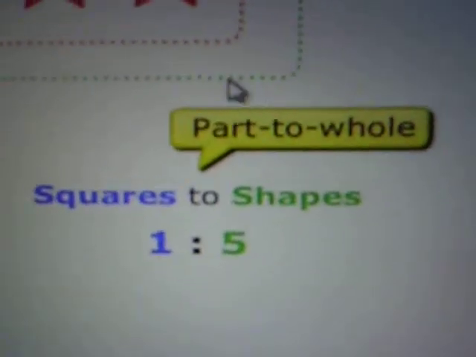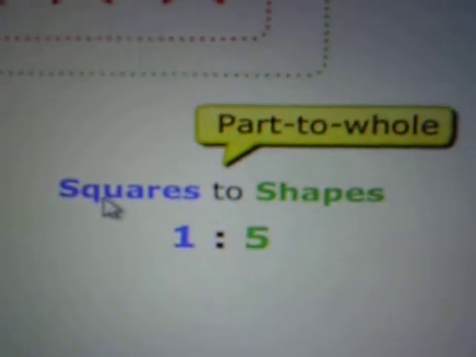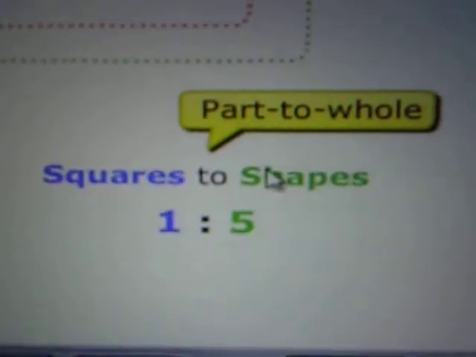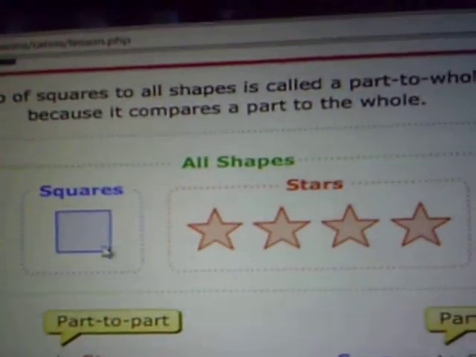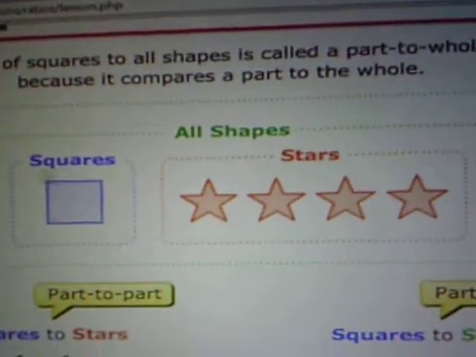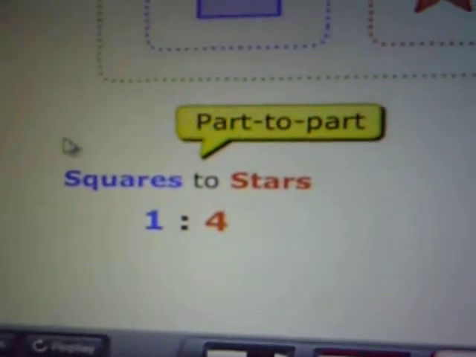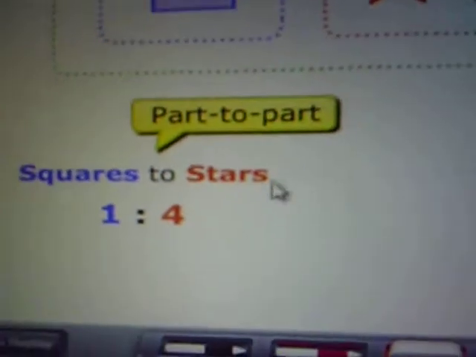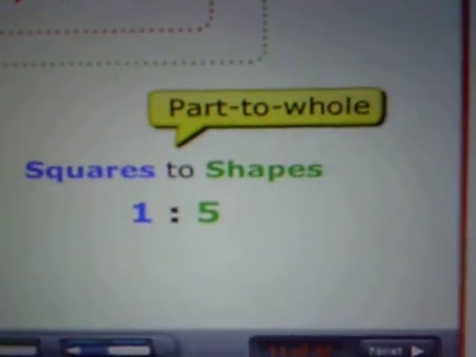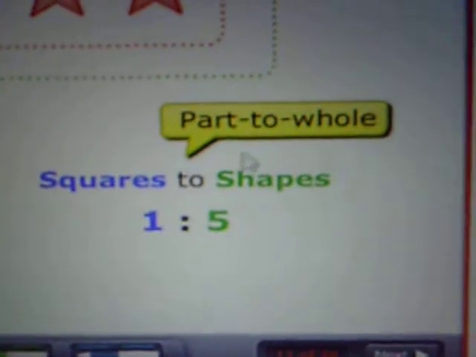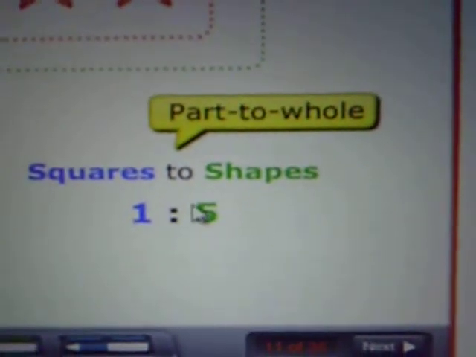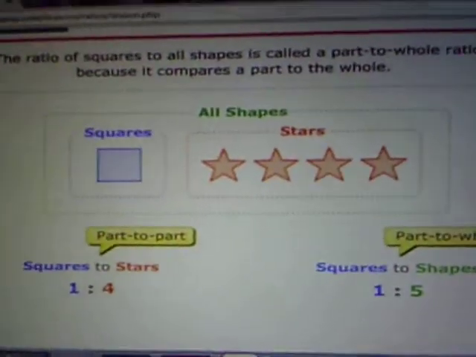So a part-to-whole ratio we can make is, what is the ratio of squares to shapes, all the shapes you see in the picture? Well, that would be squares to shapes, 1 to 5. Whereas this one was a part to a part. What part were squares as opposed to which part were stars? Whereas this part-to-whole ratio compared which part of the picture were squares compared to all the shapes that we had. Okay?